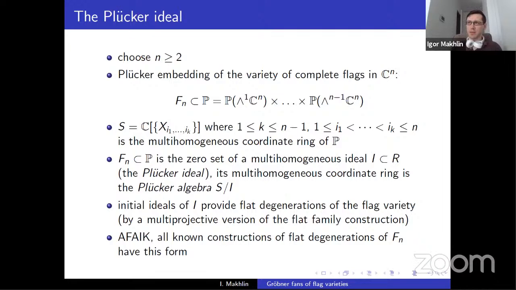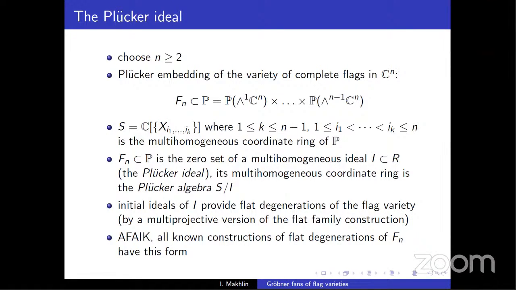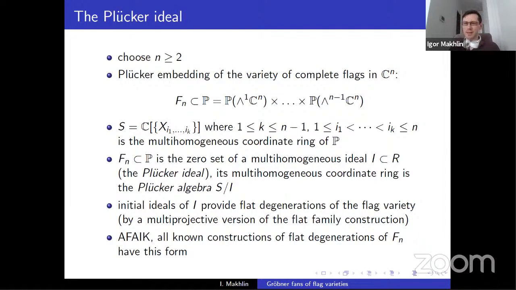But in this case, all the known degenerations stem from this particular multi-projective embedding. The question, to which I do not know the answer but which I think is really interesting, is whether there is a precise mathematical reason for this. There must be, but I don't know.